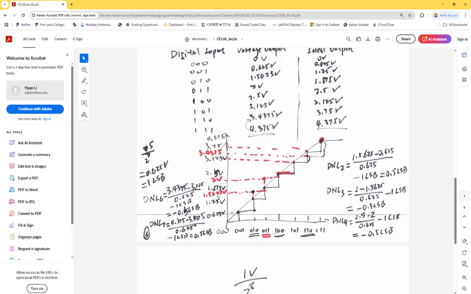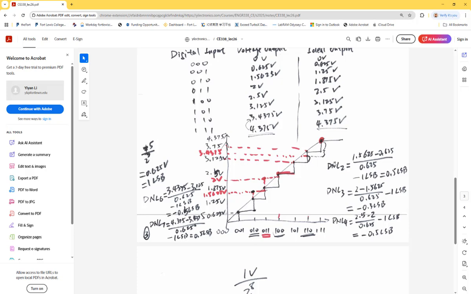Okay? So you can see this one, what's the step size over here? It's 1.5625, which is the value here, and it jumped from 0.625. So from here to here defines the step size. That's why I was looking at the digital input, which is 2.